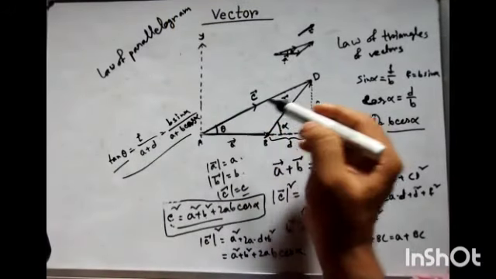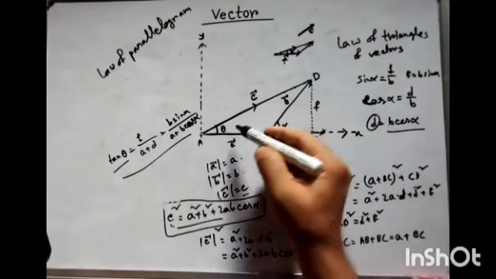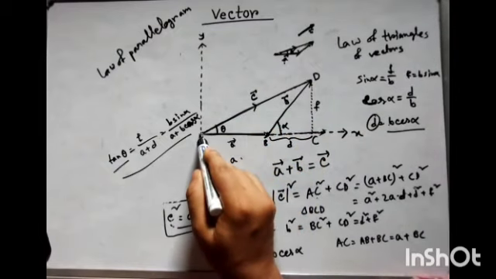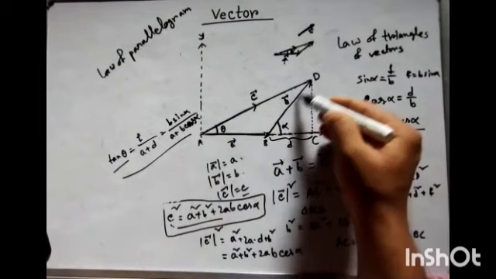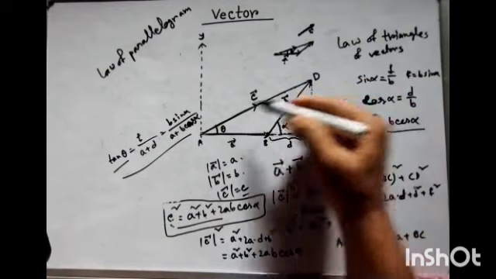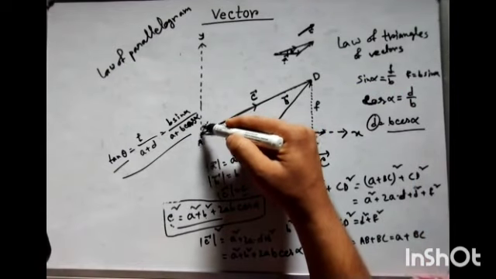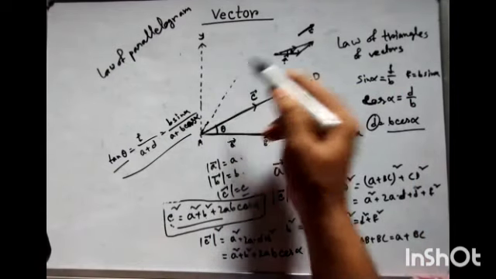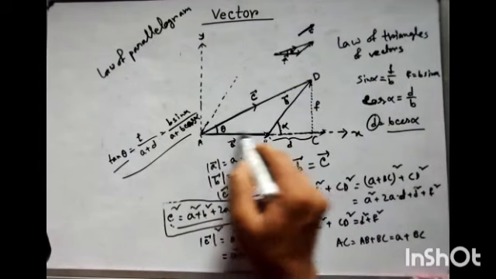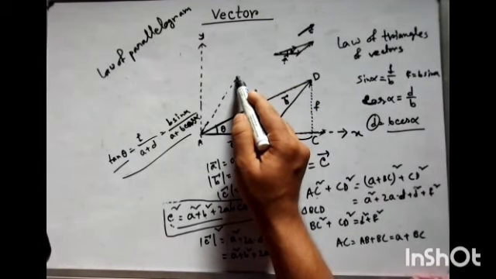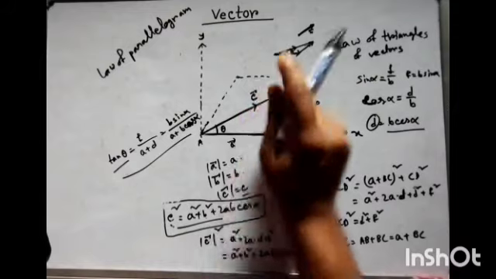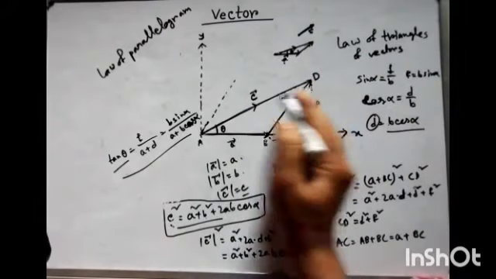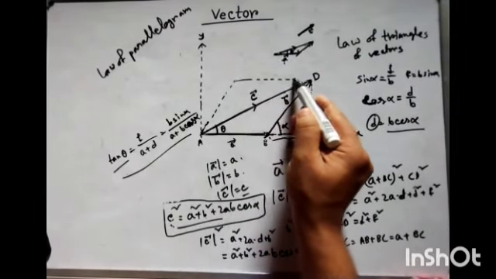So what I have to do then is draw a parallelogram. First I have to draw a parallel vector of b vector from this point, and a parallel vector of a vector from this point. So I will draw a parallelogram first.